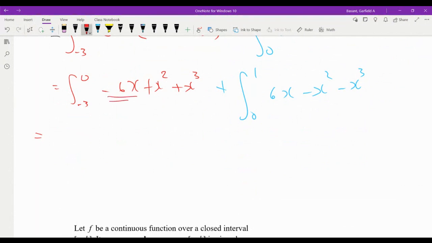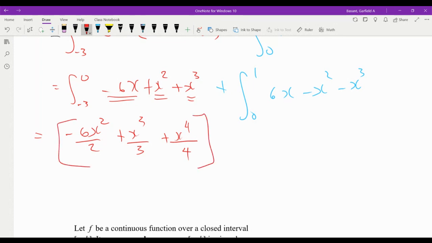We're going to take the indefinite integral. So this becomes negative 6x squared over 2 plus x to the third over 3 plus x to the fourth over 4. And we have to plug in the numbers, negative 3 and 0.